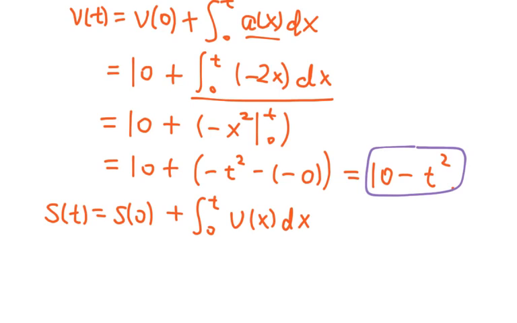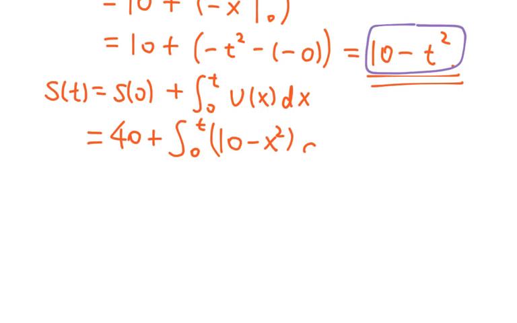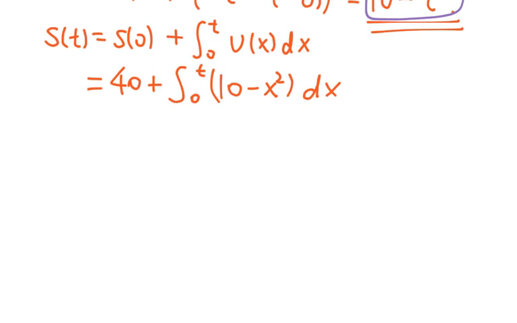So here s0, the initial position, is equal to 40, plus the integral from 0 to t of the velocity function we've already found, 10 minus x squared, dx. Because the variable is just a dummy variable, we can just replace x by t. Then we're going to evaluate this integral.